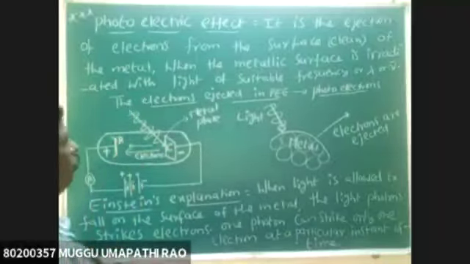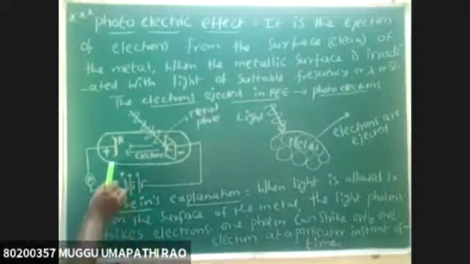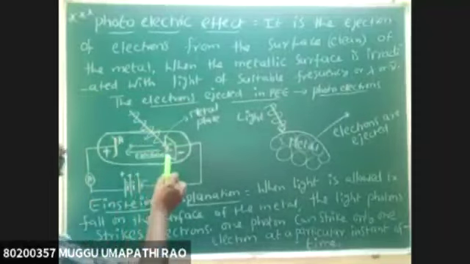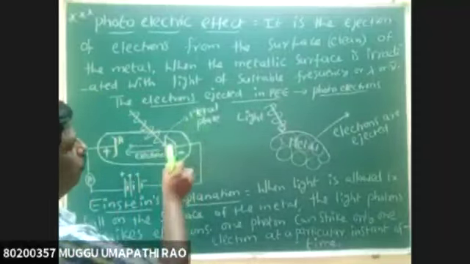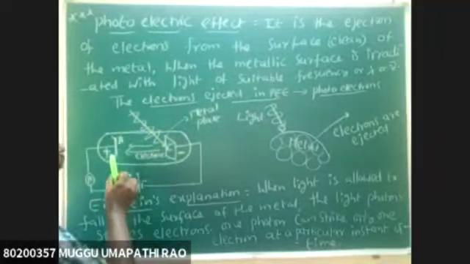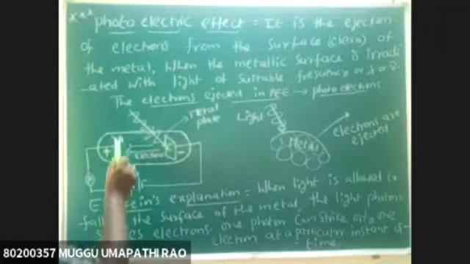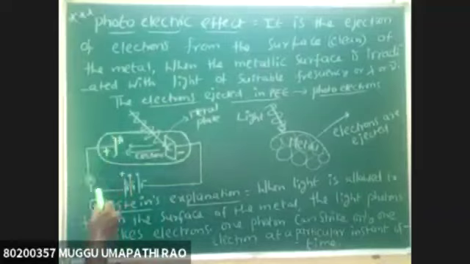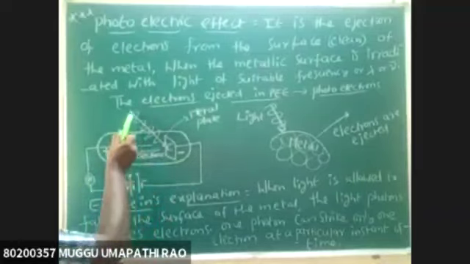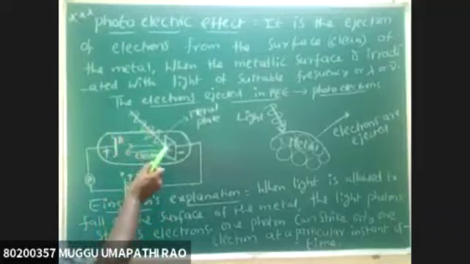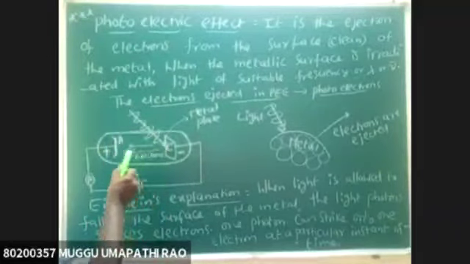This is the photoelectric effect. You take a hard glass tube, a metal plate which acts as cathode, and another metal plate which acts as anode, and connect it like this. Then when light is allowed to fall on the surface of the metal, electrons are ejected like this.